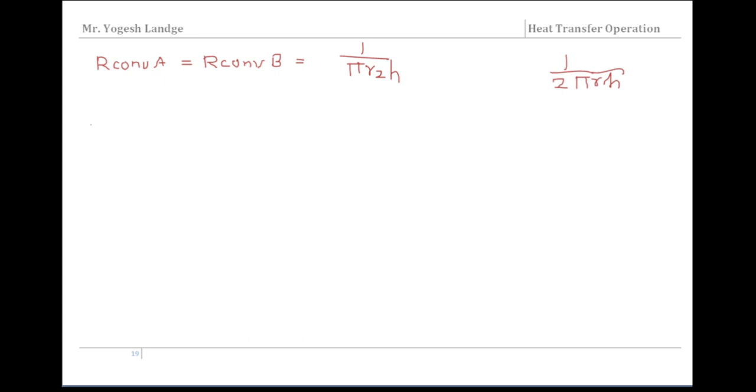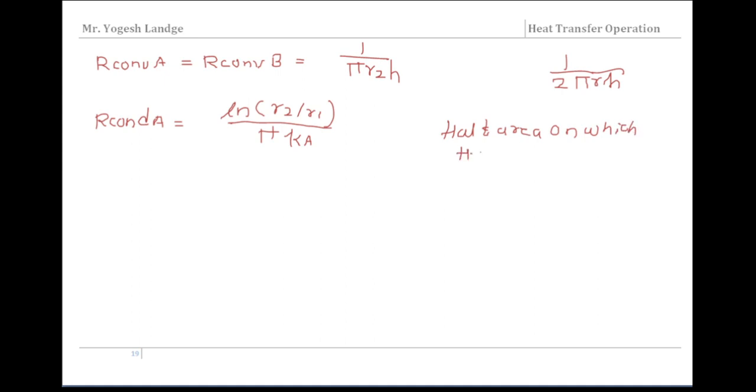Similarly, I am writing for the R conduction. So for the R conduction of material A, I am writing the equation as ln of r2, the outer radius, divided by the inner radius, upon pi, and the conductivity of material A. So here I am writing this just because I am considering the half area on which the heat is transferred, because here we only consider this half portion.